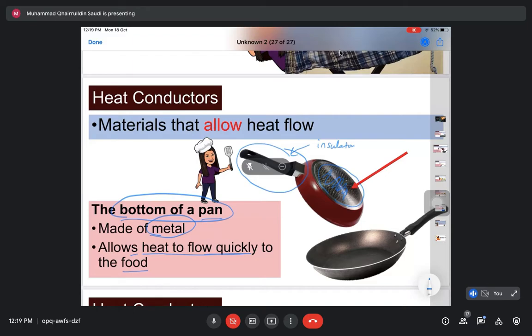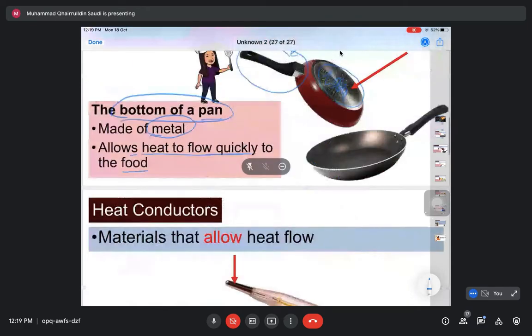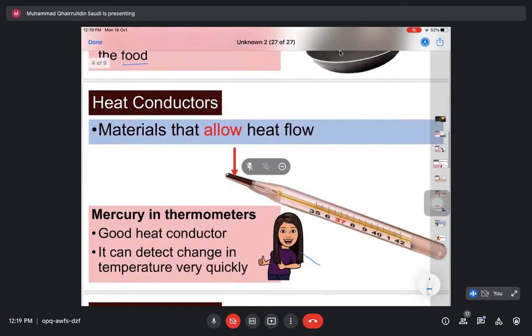So, a good pan should be made up from a good conductor which can allow heat flow very quickly. So, kuali yang cepat panas selalunya lebih bagus because we want the heat to sampai kepada kita punya makanan untuk masak makanan kita.